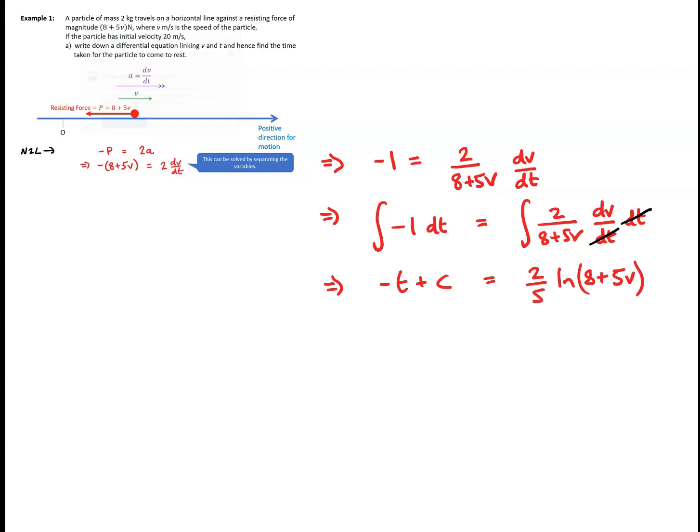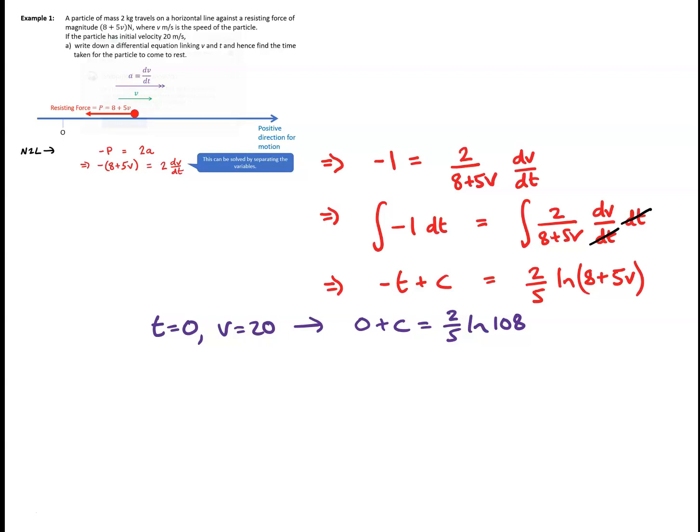Minus 1 will integrate to minus t plus c, and our 2 over 8 plus 5v integrated with respect to v becomes 2/5 of the logarithm of 8 plus 5v. Now, we haven't used the initial conditions yet. We were told that initially the particle had a velocity of 20 meters per second, so when t equals 0 we've got v equals 20.